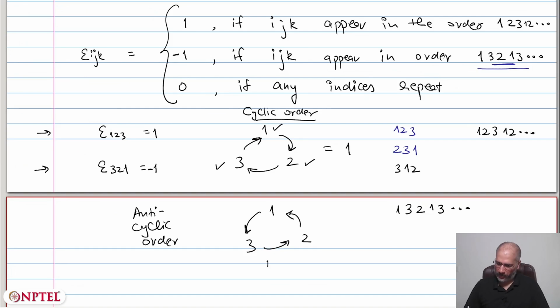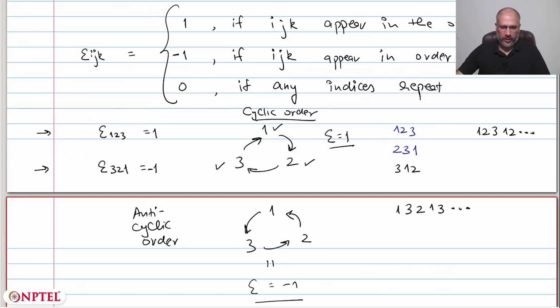And in this case, the value is equal to minus 1. So we should say epsilon is equal to minus 1 and here epsilon is equal to 1. I'm writing epsilon, but epsilon typically has 3 indices which will define the order and the value.